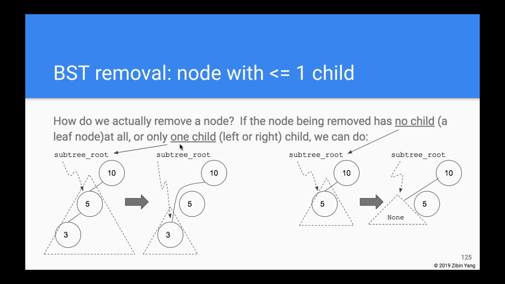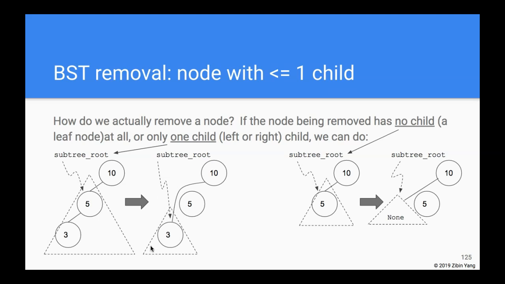Now, if a node has one child, that's also very easy to remove. So in this example, the node we're trying to remove again is 5, and it has one left child that is 3. So in order to remove 5, all we have to do is point the root node to the child of 5, right?